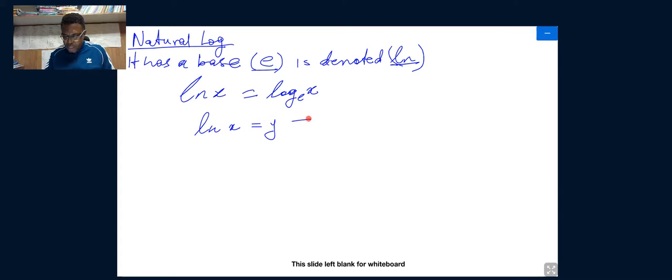In an exponential form, we write it, ln has got a base e. Here is the base, and to the power y. Previously, when we were dealing with the logs on the previous slide, we said the exponent becomes the subject of the equation, so they behave the same. So e to the power y is equal to x.